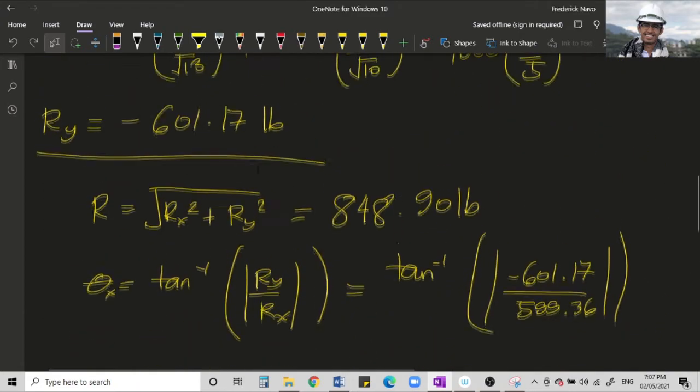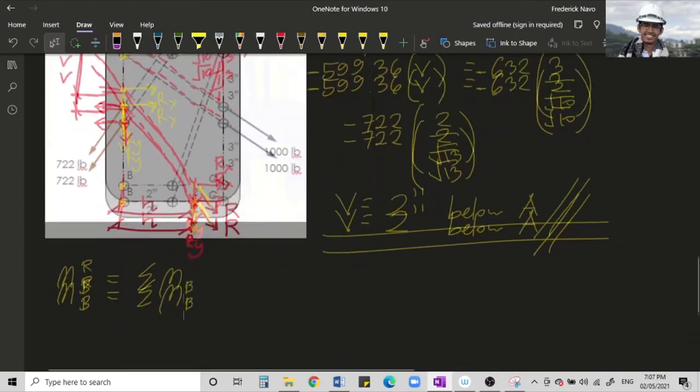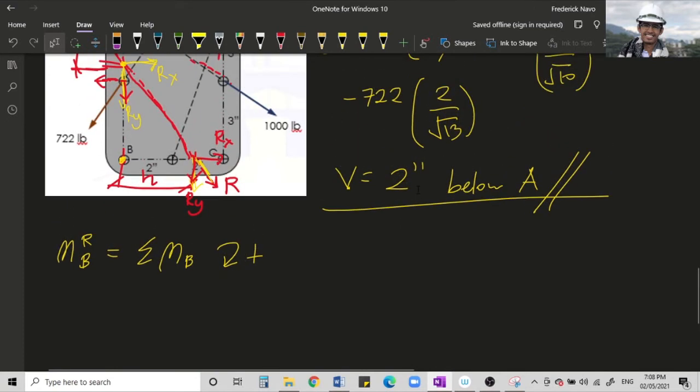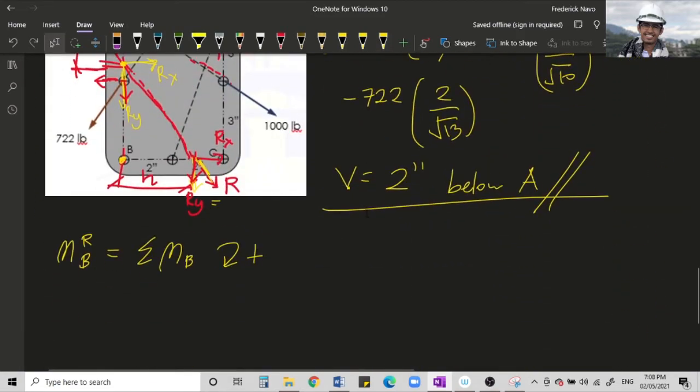That is negative 601.17. Okay. So ang gawin natin dito will be clockwise. Positive pa rin. So that will be 601.17. So downward, actually itong RY natin is downward siya, kaya negative yon, no? So this is 601.17.